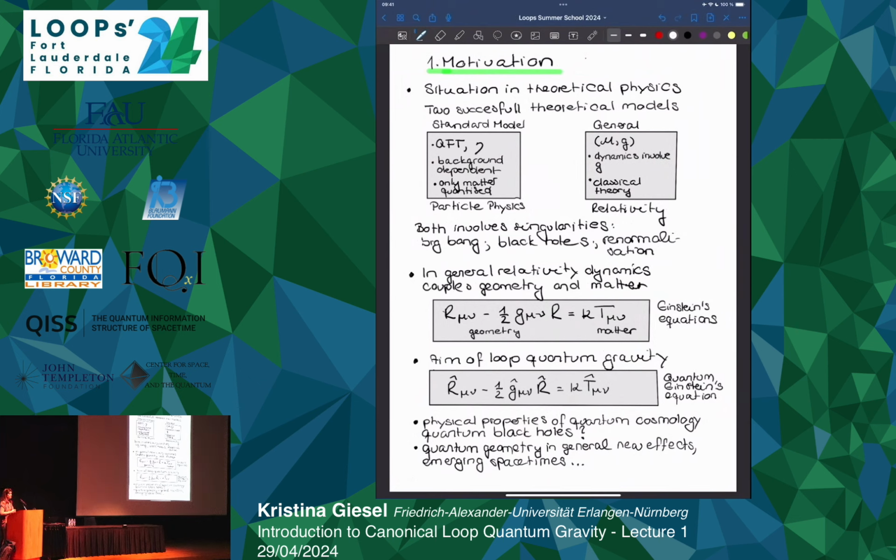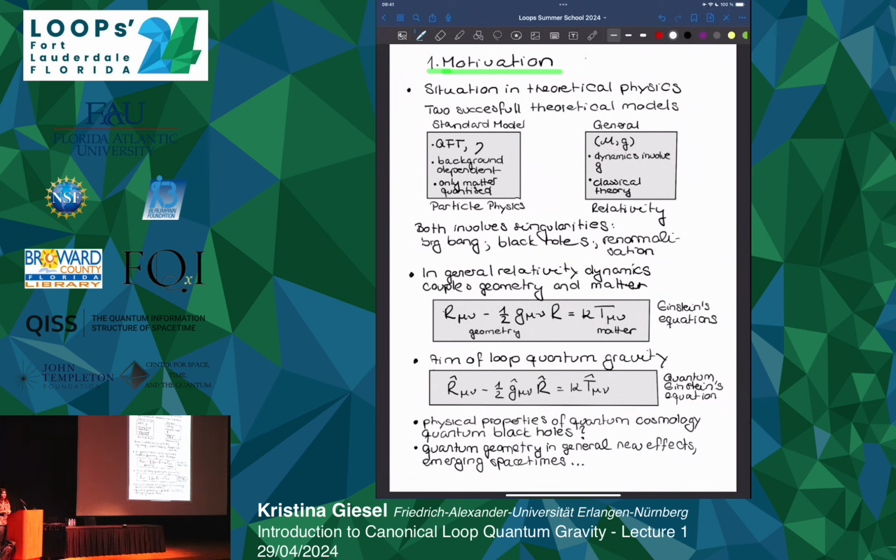But both of them are not completely satisfactory, in the sense that if we apply them, there are some limits of these models or theories. For instance, in the standard model, if you compute scattering amplitudes, you often get infinities and you have to apply renormalization techniques to get rid of them.